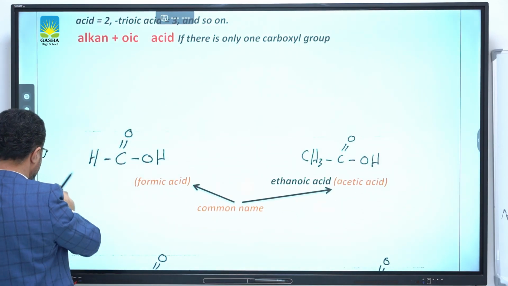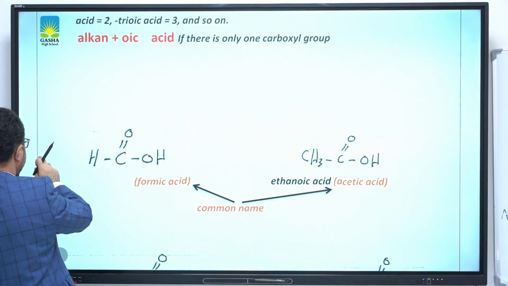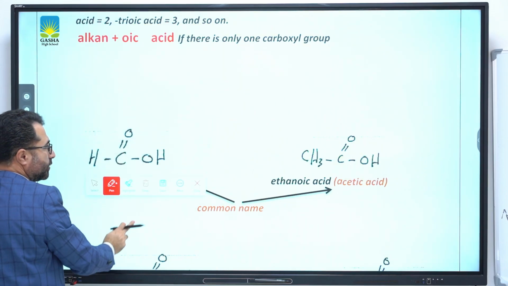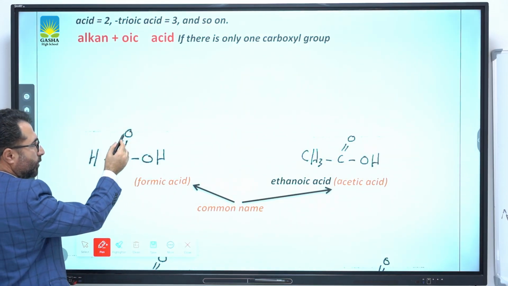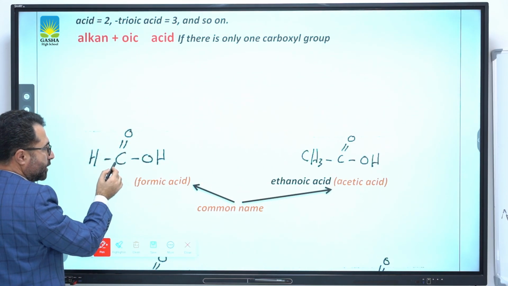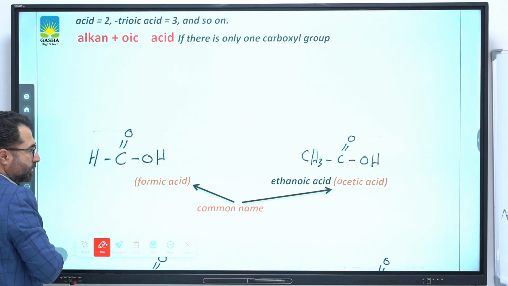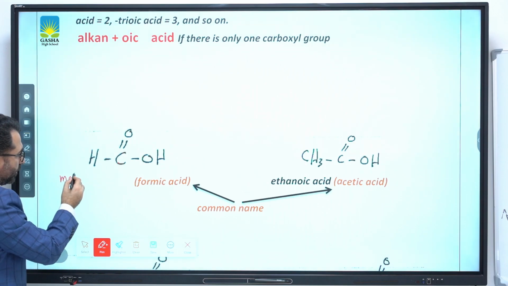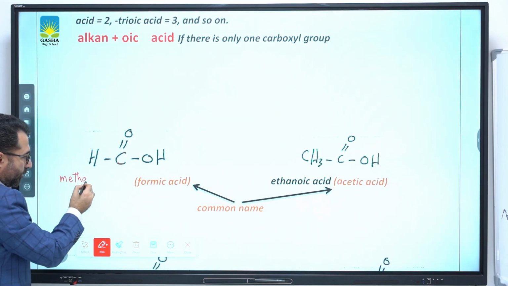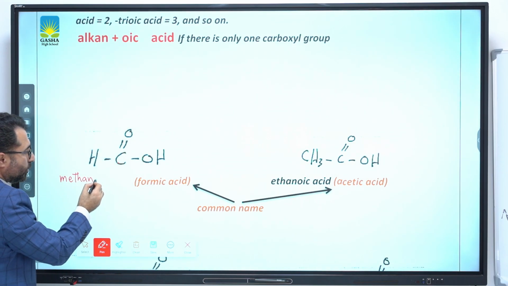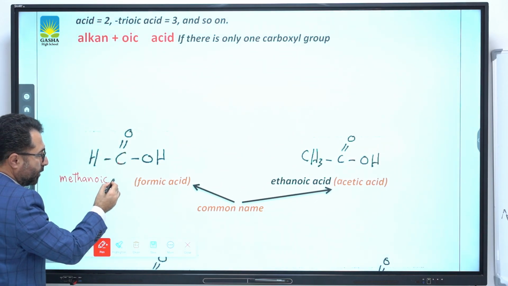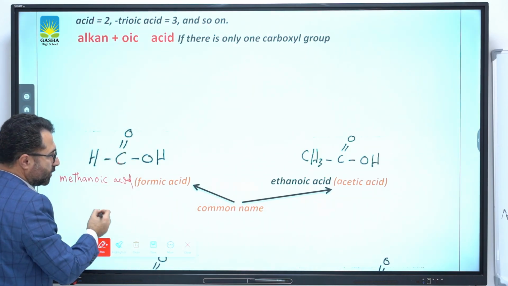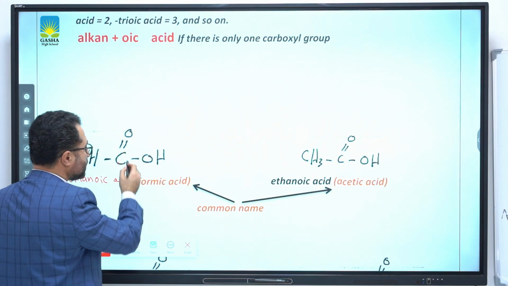For the first carboxylic acid, we have 1 carbon, C double bond OH, it's H. So the smallest carboxylic acid has 1 carbon. According to the alkane, we have methane. Add -oic, so it will be methanoic acid. Methanoic acid is formic acid.